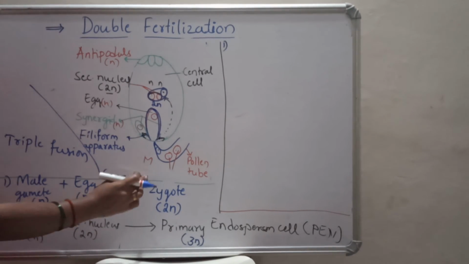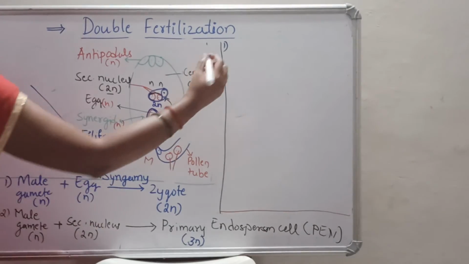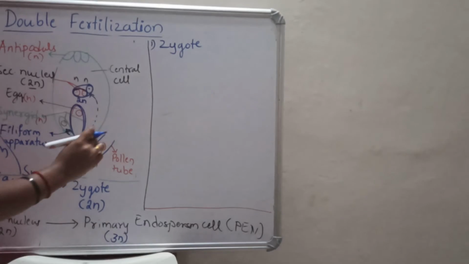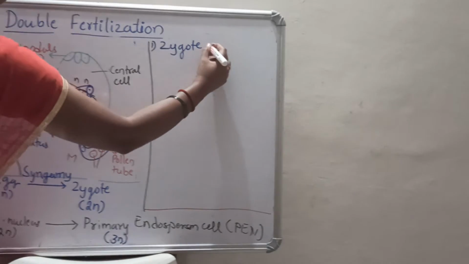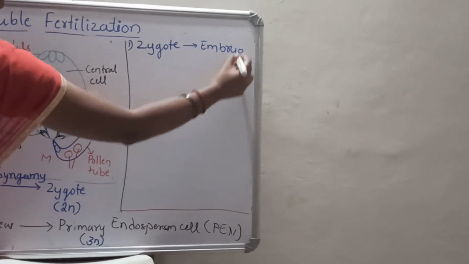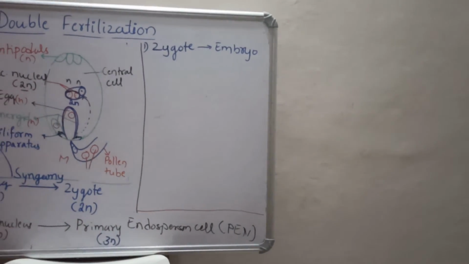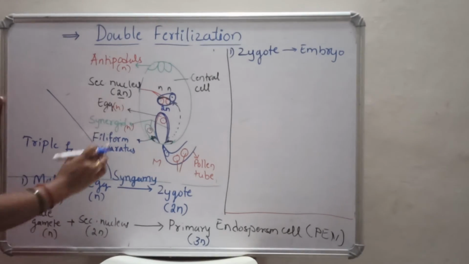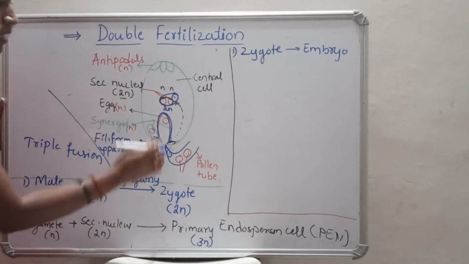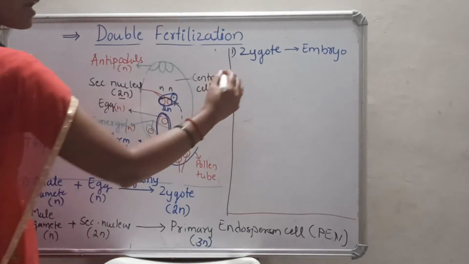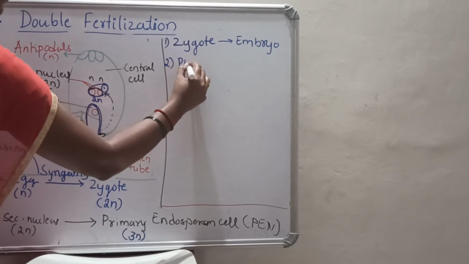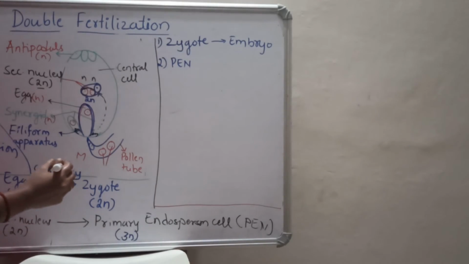After the double fertilization, first the zygote is formed, and that zygote becomes the embryo. In the secondary nucleus, the one male gamete fuses and the secondary nucleus becomes the primary endosperm nucleus.